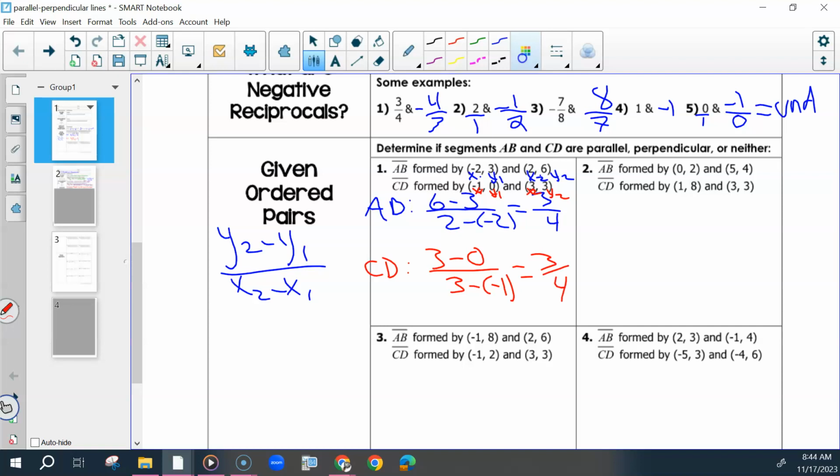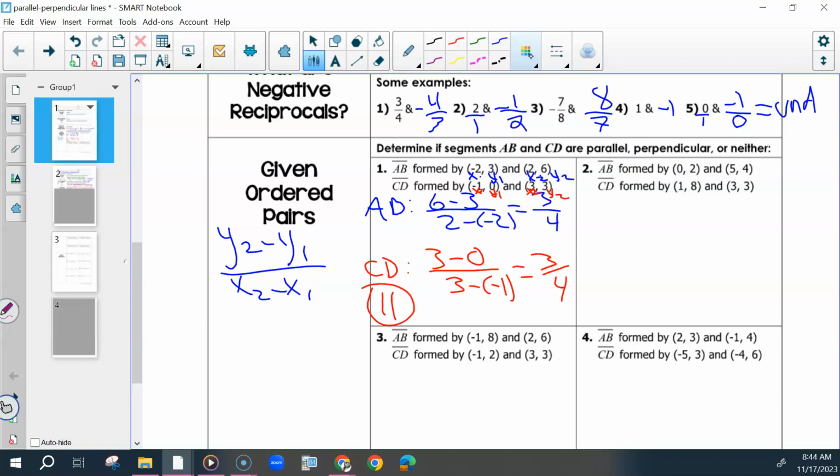And then looking at these slopes, would these be parallel, perpendicular, or neither? How do we know they're parallel though? Because they are the same. So I'm going to put the symbol for parallel because I don't really have room, but you can do the symbol or write out the word parallel. Questions on that? Let's do the next one.